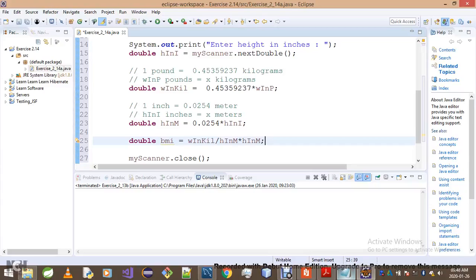Again, you see this thing, the final computation, the result of this expression is actually dependent on the precedence of these operators, the divide and the multiply.